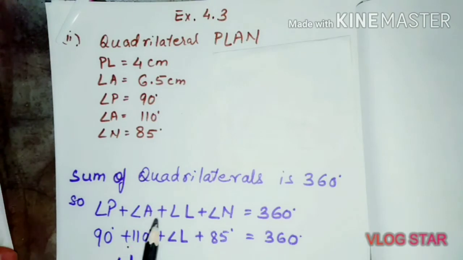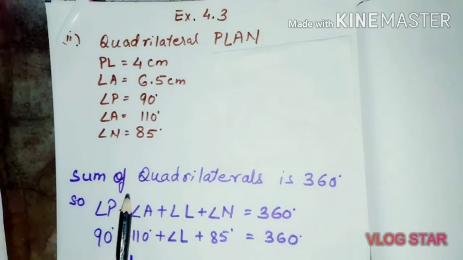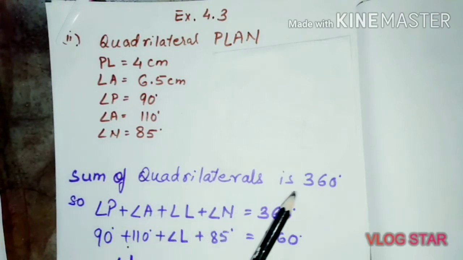For the calculation of angle L, in the previous chapter on quadrilaterals, chapter number 3, we have read this property that the sum of all the angles of a quadrilateral is 360 degree. In the quadrilateral PLAN, the four angles are angle P, angle L, angle A and angle N. Angle P is 90 degree, angle A 110 degree, angle N 85 degree.